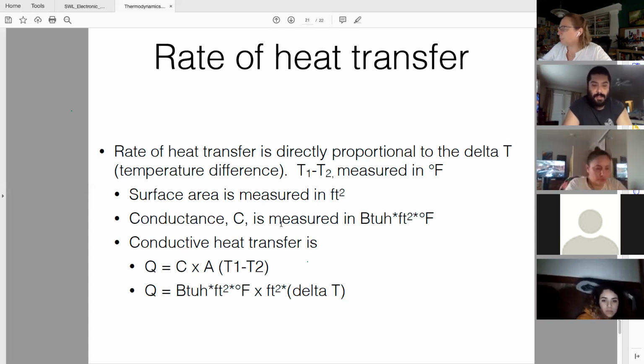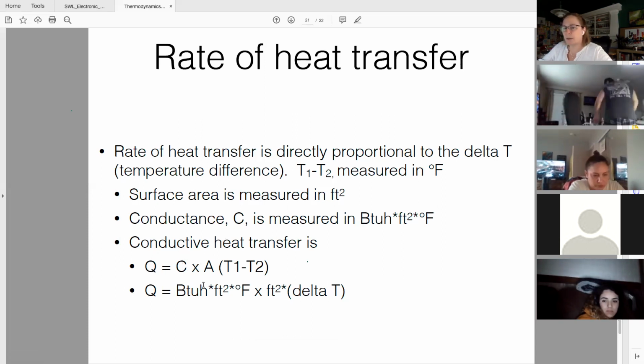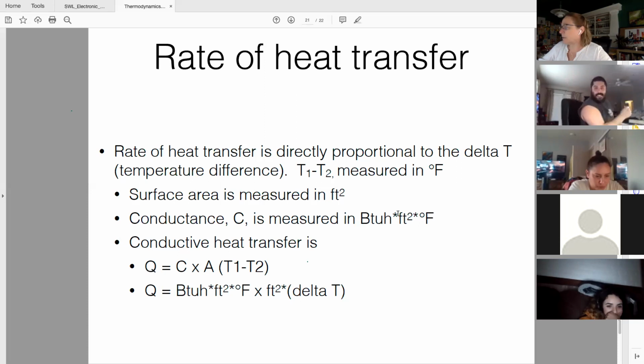When you're filling this out and trying to solve for your heat transfer, which is Q, the way I like to make sure I understand what I'm doing, and that I've got all the parts I need, is this: we need C, your conductance value, which is BTUs per hour times square foot times degree Fahrenheit.